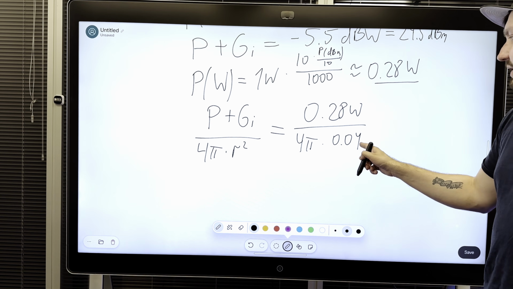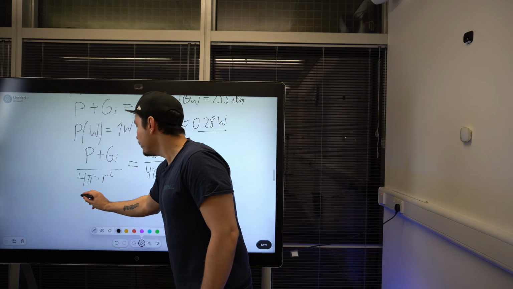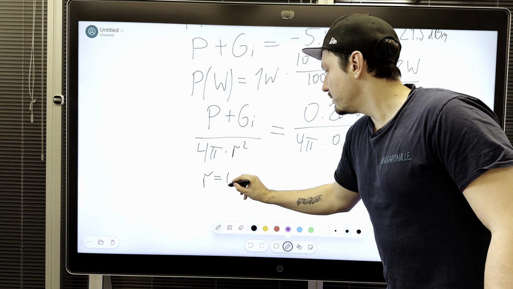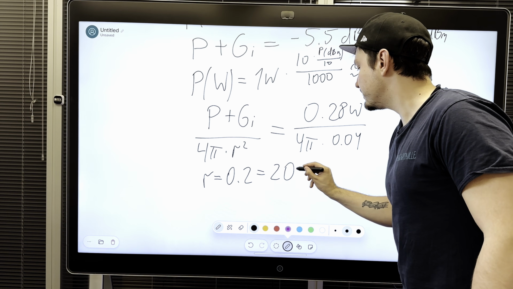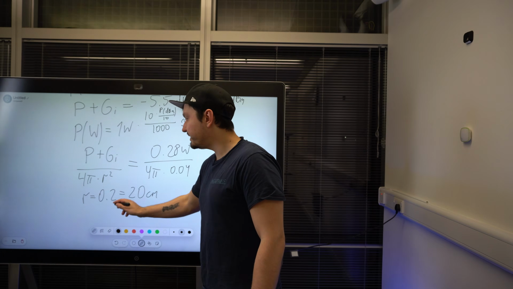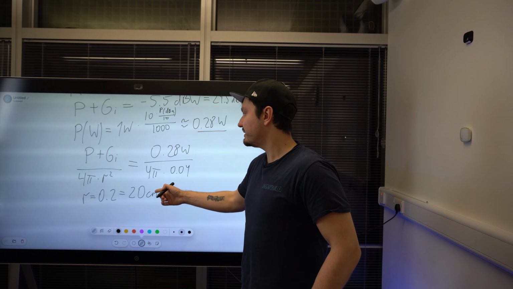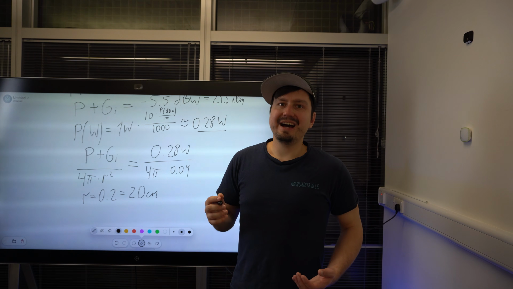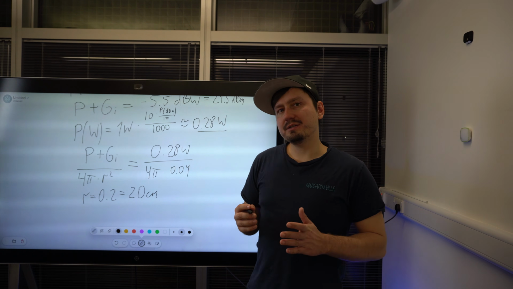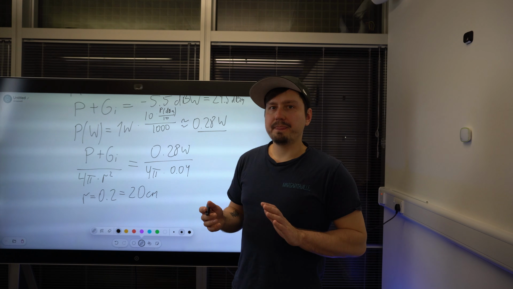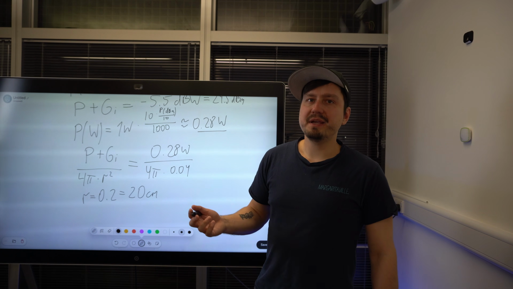This is because our r is equal to 0.2, in other words, 20 centimeters. In other words, we are evaluating electromagnetic power density at the SAR distance, which is the highest distance that is allowed for us to the user until we need to do SAR measurement.